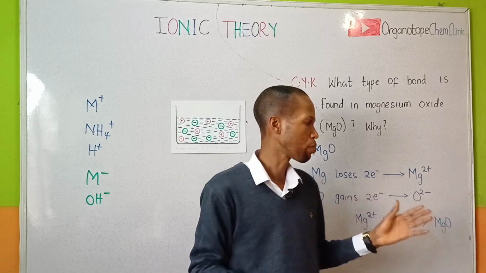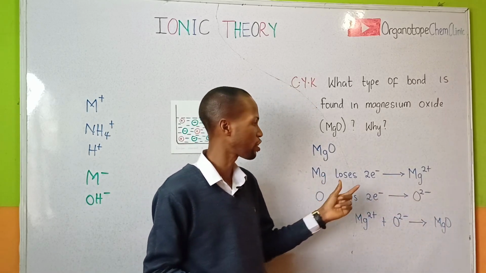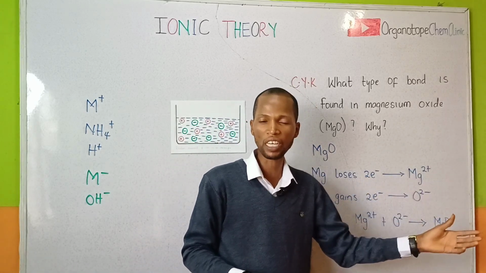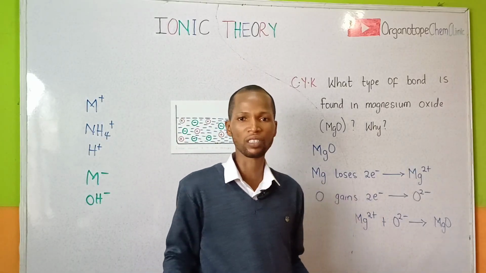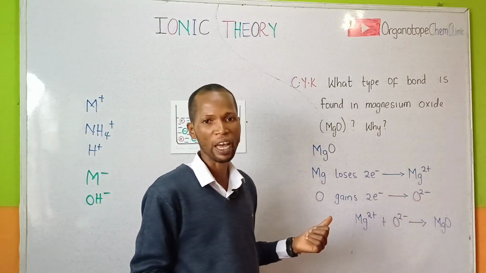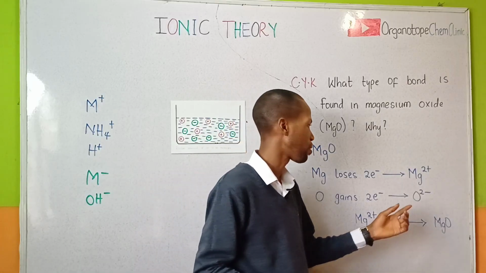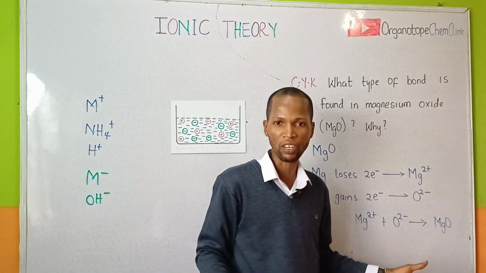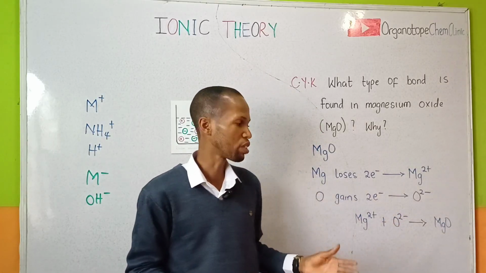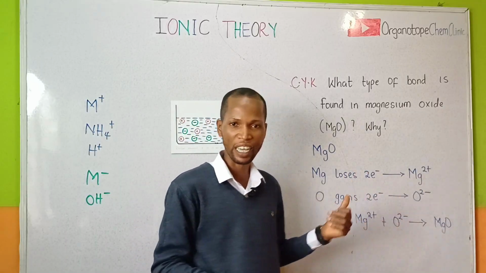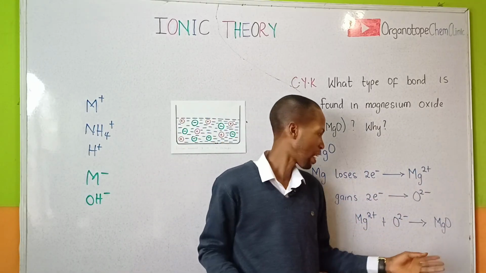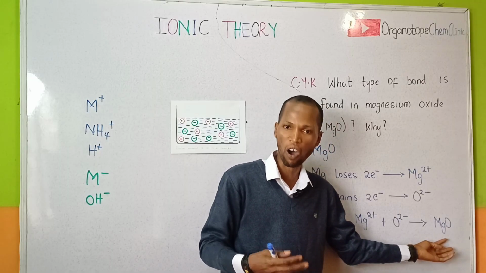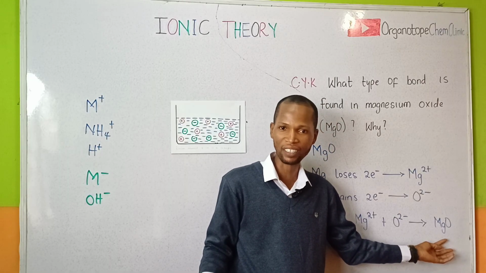The metal, which is the magnesium atom, loses 2 electrons to give Mg2+, while the non-metal, which is the oxygen atom, gains the 2 electrons from the magnesium and becomes O2-. Since the exchange of electron results into loss and gain of electron by the 2 bonded atoms, we can equally say that it is what? Ionic or electrovalent bond. Make sense?